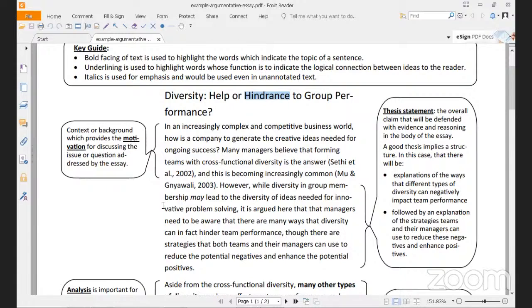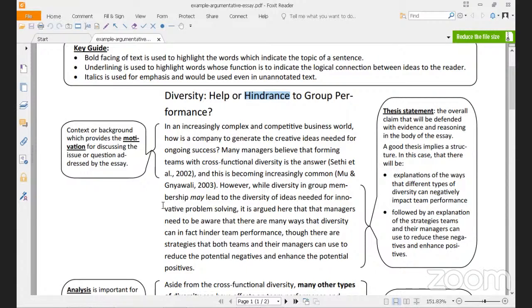In an increasingly complex and competitive business world, how is a company to generate the creative ideas needed for ongoing success?